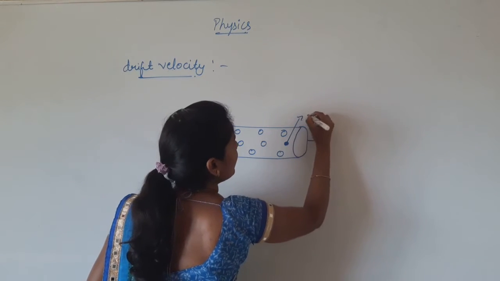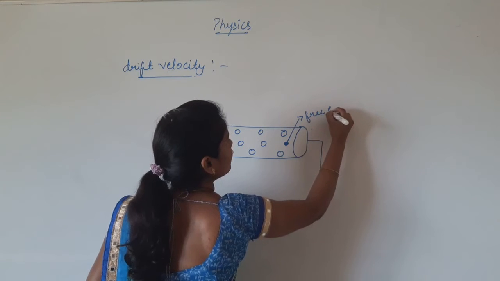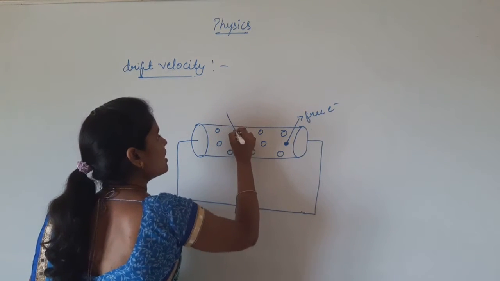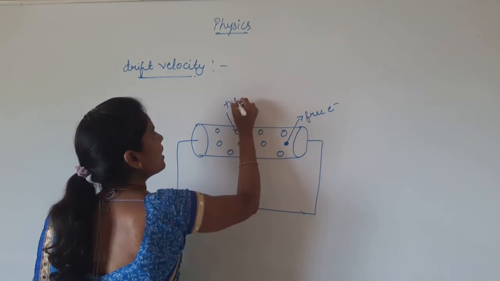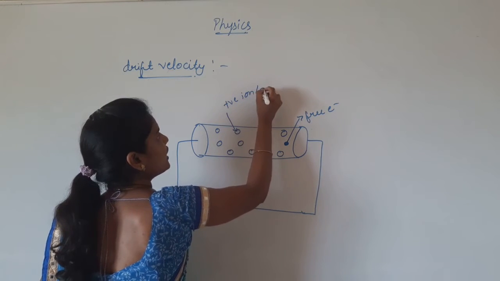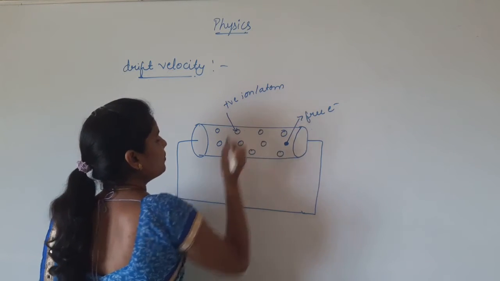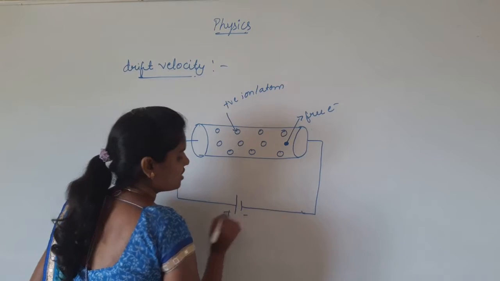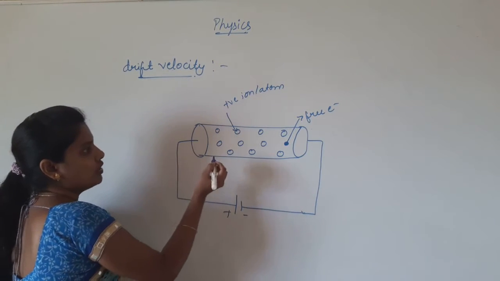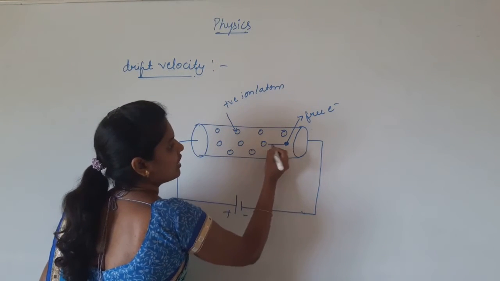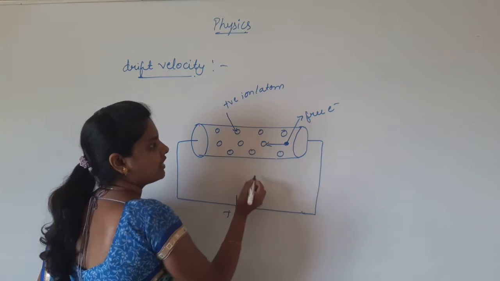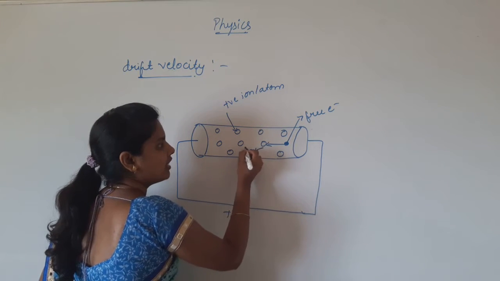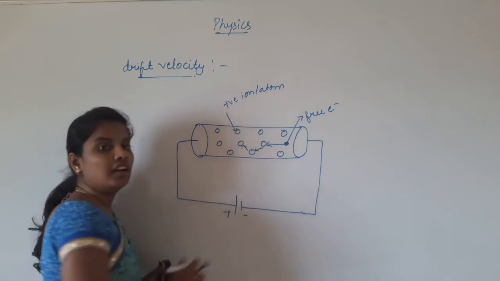These are the free electrons. These are called positive ions or atoms. This is positively charged, this is negative.